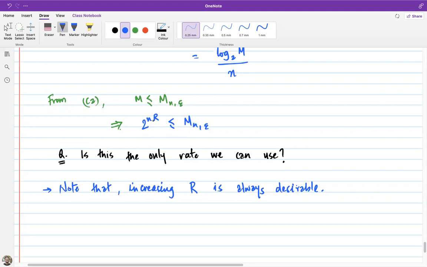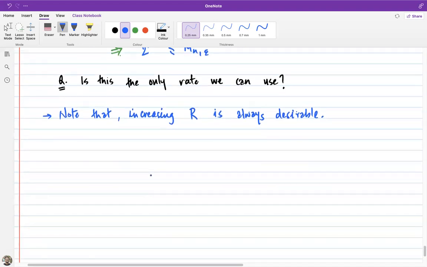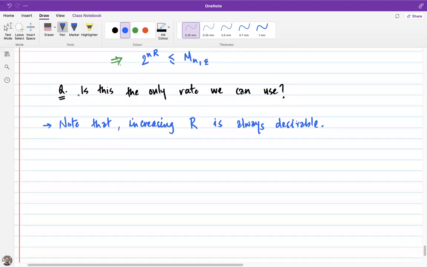But of course there is a point when this 2 raised to nR crosses the right hand side, which is a fixed quantity for us. So there actually exists an R. That's what I wanted to say again here. I'll write it as C3, conclusion 3. It says that there exists an R in between.